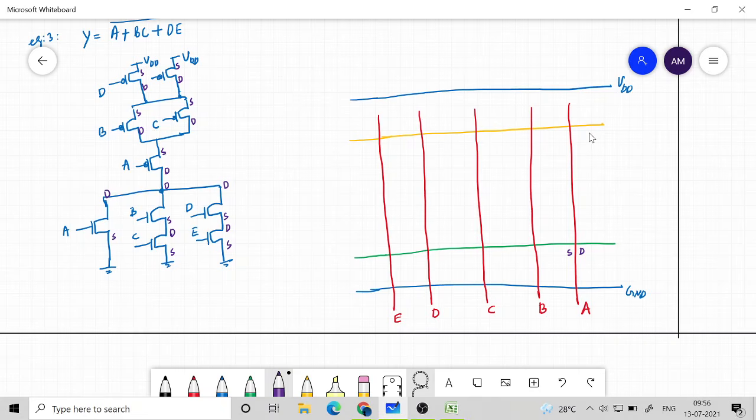The source of A is connected to ground, but the source of B has to be connected to the drain of C. So we can't draw it now.